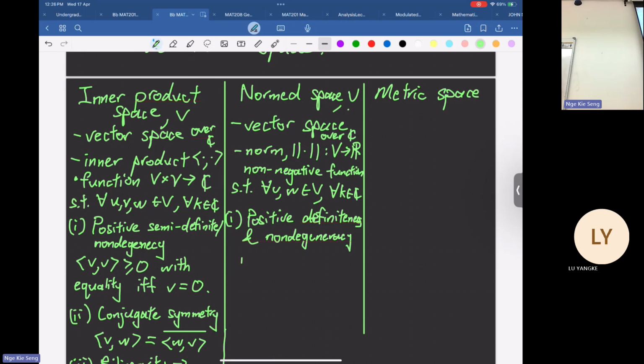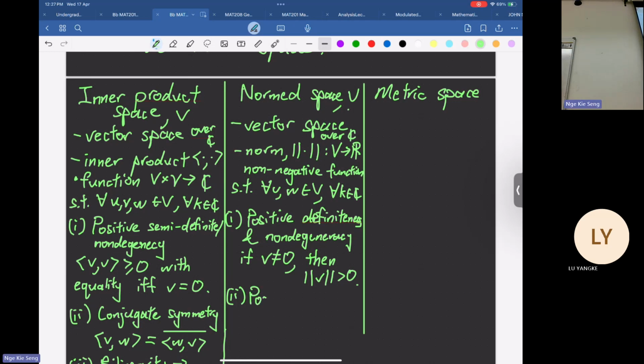This means if v is non-zero, then the length should be positive. In other words, the contrapositive of this statement is that if your length is 0, it is only the zero vector.